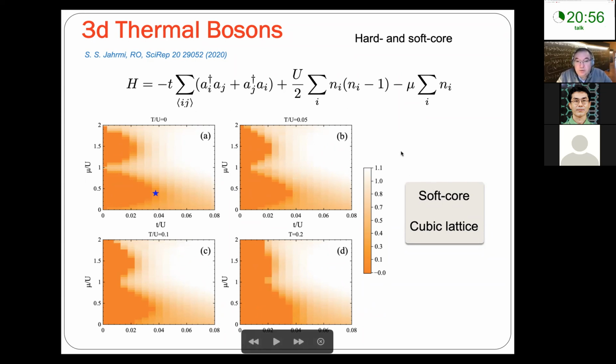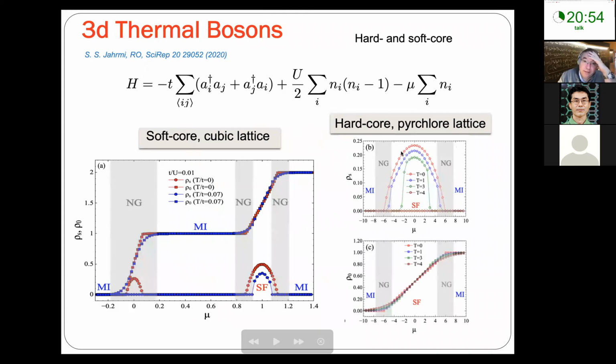We did more calculations. This is an example of calculations in the cubic lattice and also on the pyrochlore lattice in 3D, which is highly frustrated. Again, for the cubic lattice, for the soft core bosons that I was mentioning before, for occupation number up to 2, here you have an example of calculations for the occupation number and also for the superfluid density.